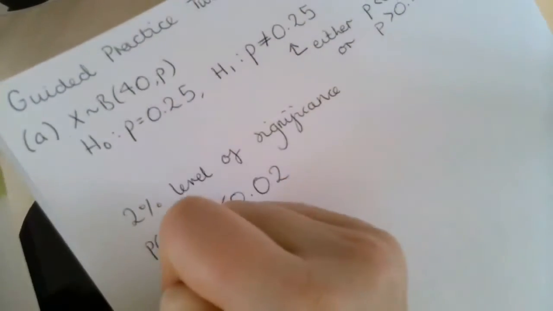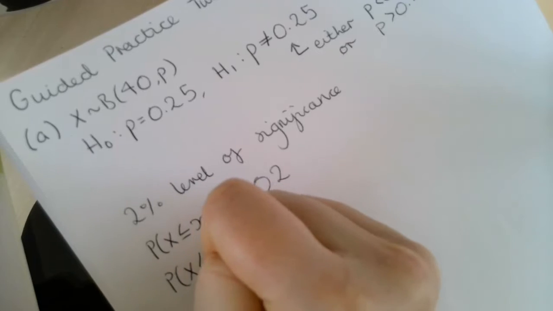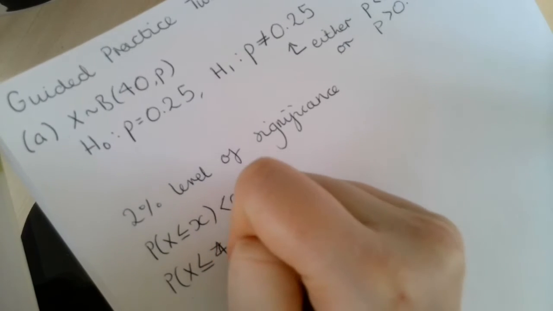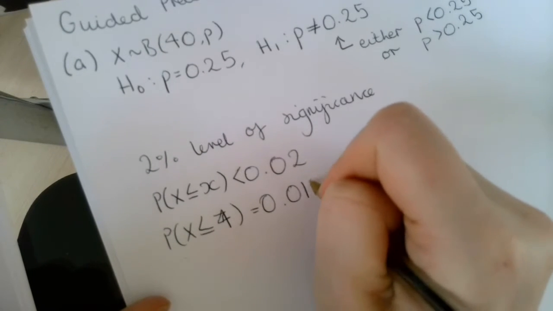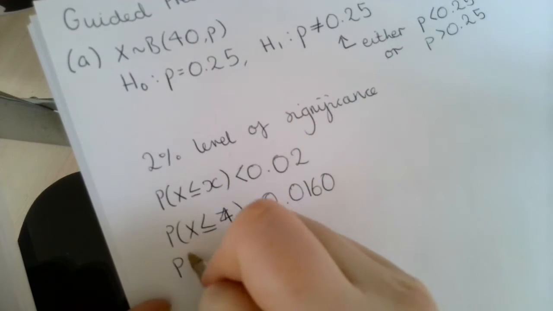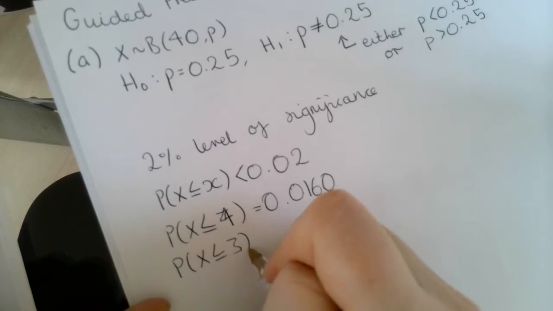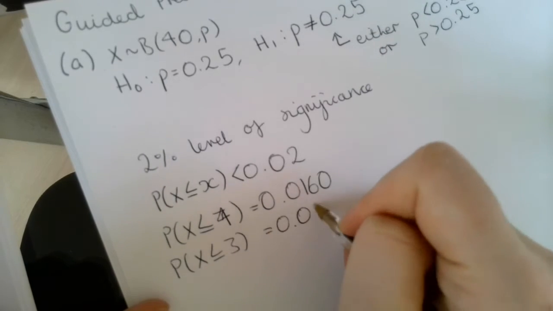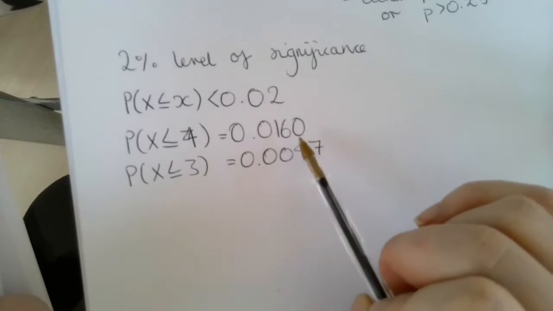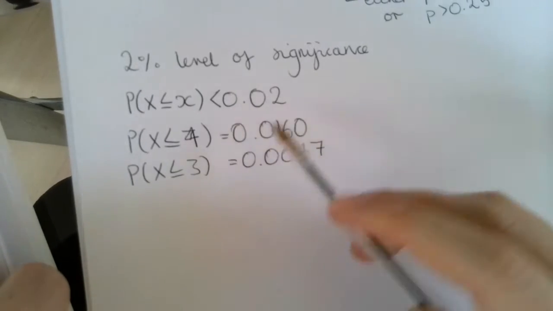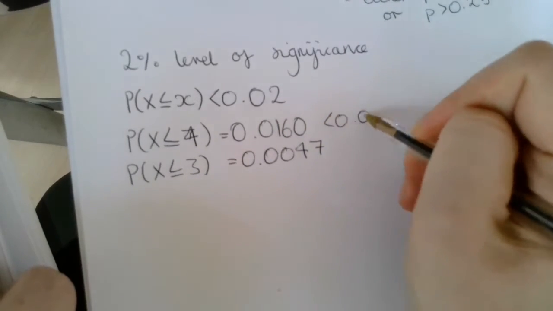So the probability that x is less than or equal to 4 is 0.0160, and the probability that x was less than or equal to 3 was 0.0047. The reason why I've picked out these two probabilities is that they are both less than 0.02.